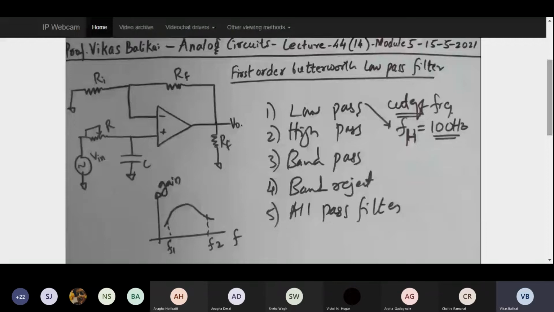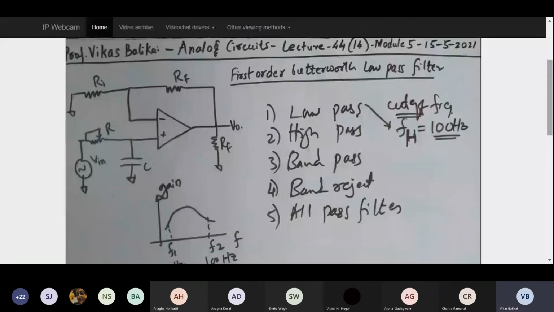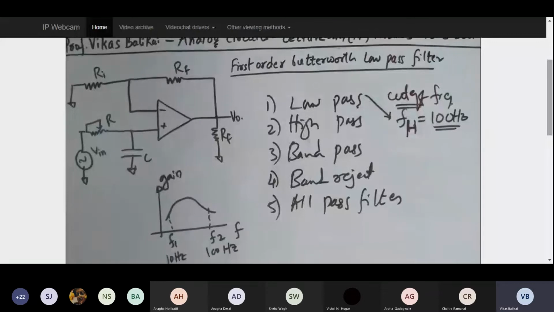Within this band, only those signals will be allowed to pass through the filter. For example, if f1 is 10 hertz and f2 is 100 hertz, then the signals between 10 hertz and 100 hertz are those which will be passed through that particular filter, and such filters are called band pass filters. And we will also see how exactly the graph of the low pass filter looks.